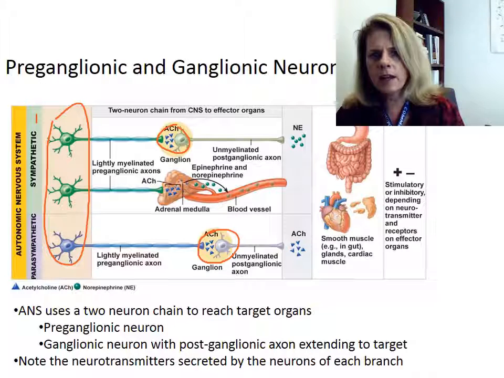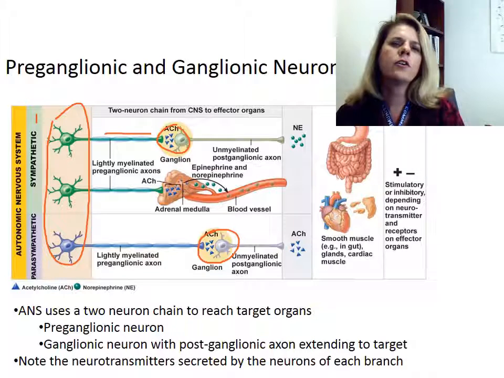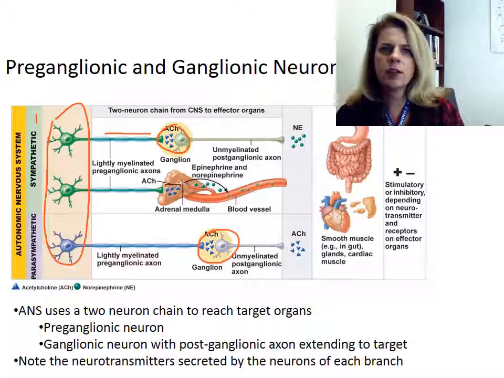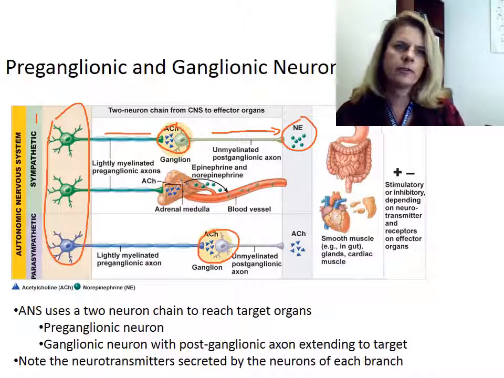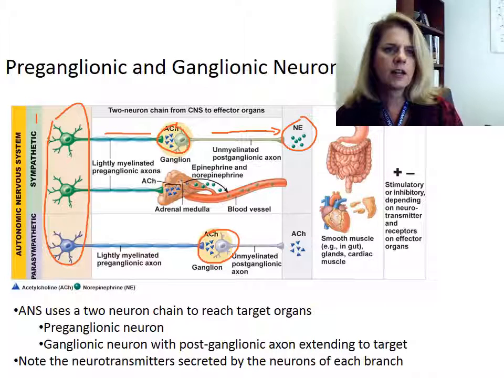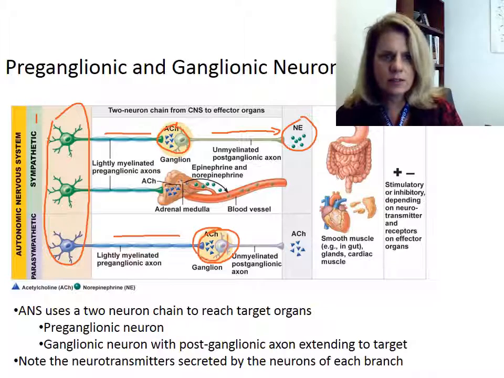And then in the sympathetic nervous system, when the first neuron synapses with the second neuron, it releases acetylcholine. Acetylcholine's excitatory, and it causes the next neuron to release norepinephrine. And you may have heard of this as noradrenaline, so that may help you think about what it does. So norepinephrine. Now in the parasympathetic nervous system, that first neuron goes to the ganglion, releases acetylcholine.